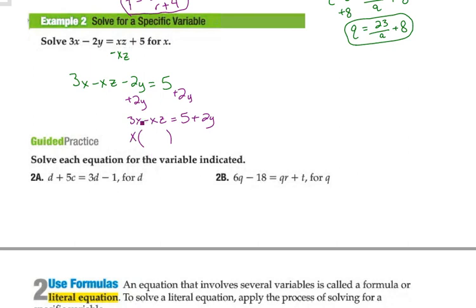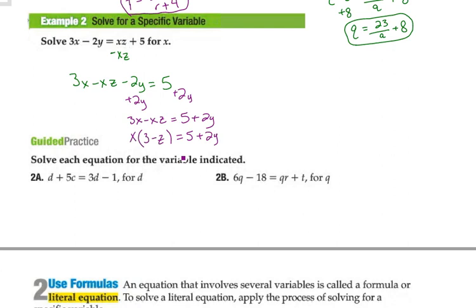Well, I took an x out of this part. I have a 3 left over. I took an x out of this term. I have a negative z left over. So reverse distributive property. If you want to hit the play button and distribute that back through, I have the same problem. So I know that this equals 5 plus 2y.